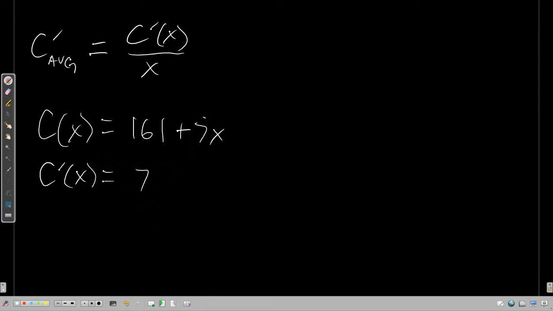That makes sense to us because this is just a linear function, just increasing by 7 all the time. Or for every 1 unit increase in x, we have 7 units increase in c of x, which is what this is trying to express. And then the marginal average cost would be 7 over x.